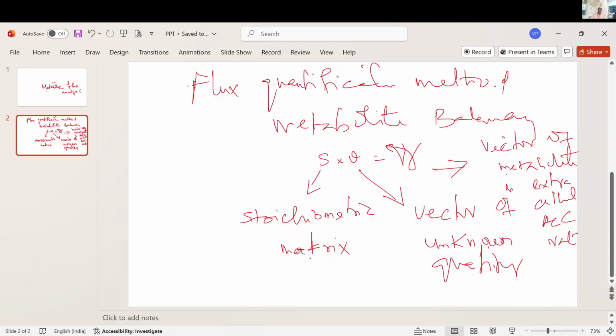So S is the stoichiometric matrix, V is the vector of unknown quantity, and R is the vector of metabolite extracellular accumulation rate.